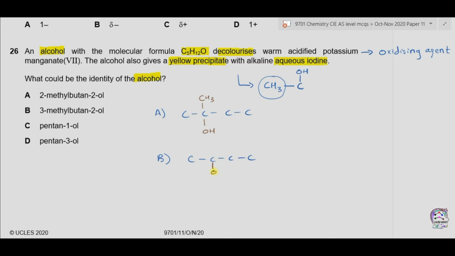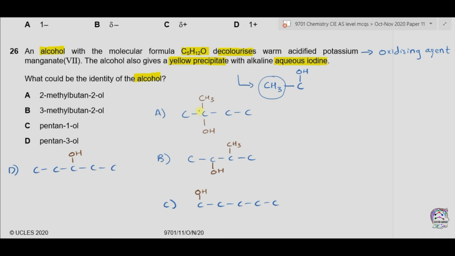On the second carbon we have the alcohol functional group, and on the third carbon a methyl group is attached. C is pentan-1-ol, so we have 5 carbon atoms, and the alcohol group is attached to the first carbon atom. In D we have pentan-3-ol, so we have 5 carbon atoms, and the alcohol is attached to the third carbon.